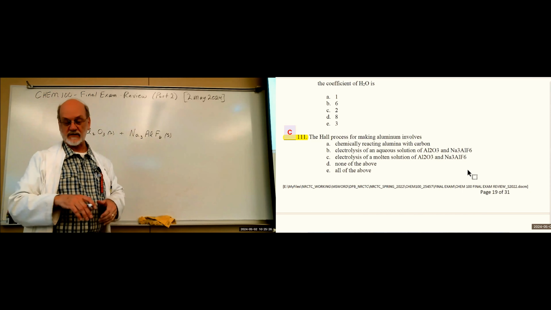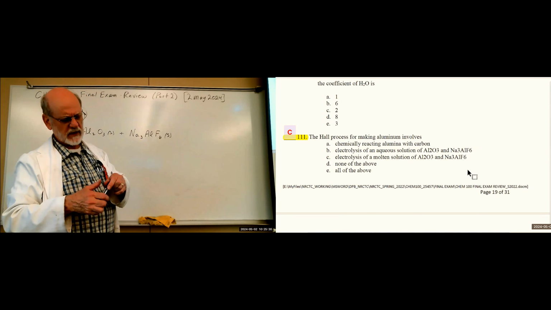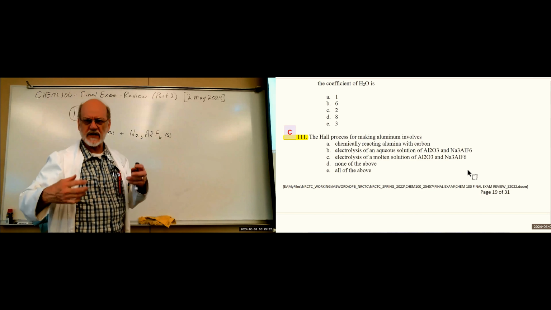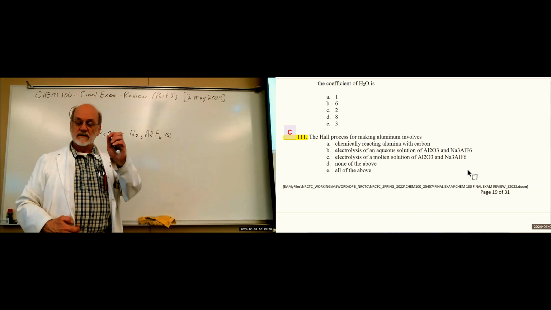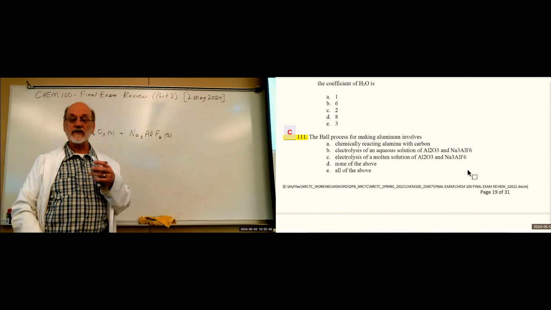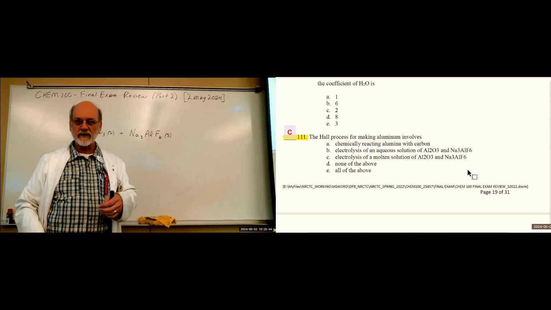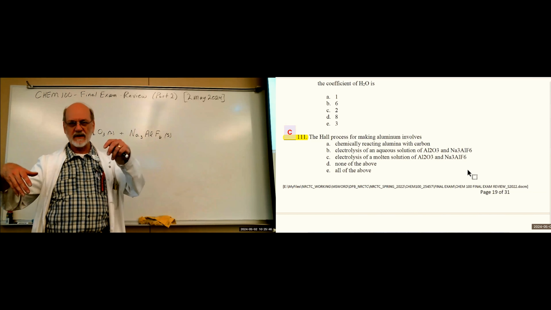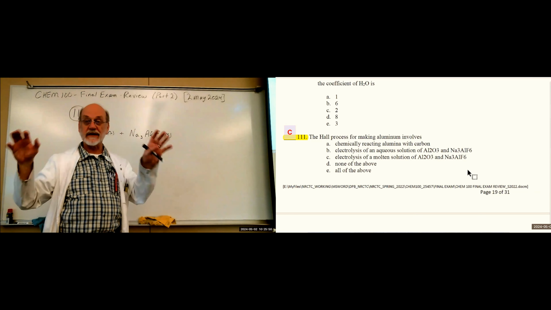The electrolysis of the molten solution of these two compounds is basically the Hall process. Now, I didn't tell you during the presentation of this material, but Hall was living with his parents. He went out to his parents' garage, and he had a burner, and he had his batteries, and he had his electrical converters and whatever he needed.